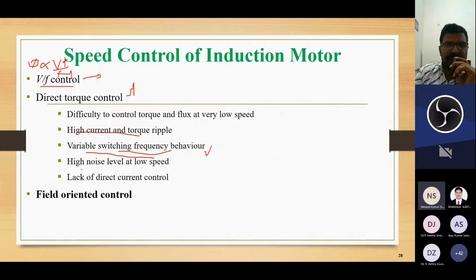Hence, these are some of the drawbacks of direct torque control, and it also has high noise at low speed and lack of direct control.